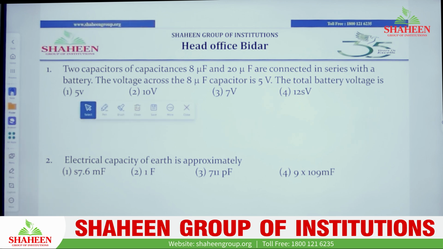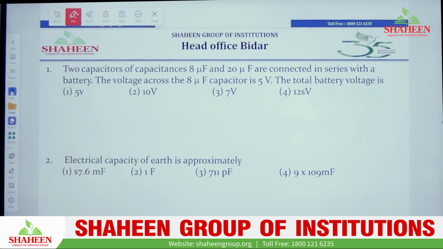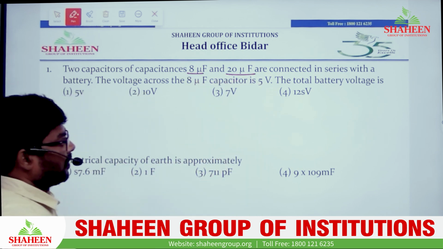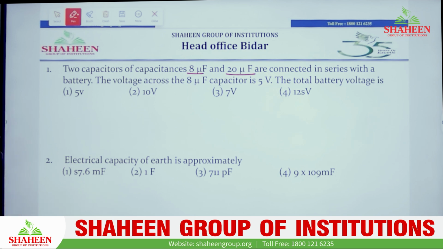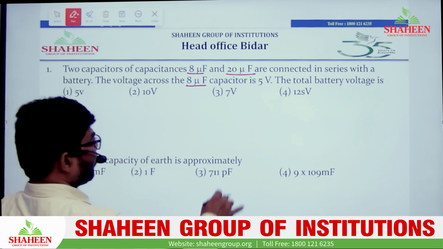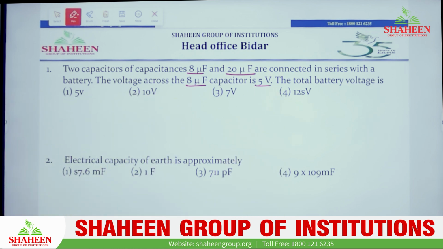Two capacitors of capacitances 8 microfarad and 20 microfarad are connected in series with a battery. The voltage across the 8 microfarad capacitor is 5 volts. Then the total battery voltage is how much?